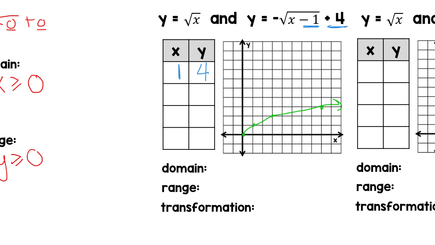Now, there's some fun stuff underneath the radical with x. So let's figure out what's supposed to be underneath the radical, what our perfect squares are. I've got x minus 1 equals 1. We're going to solve for that. X minus 1 is 4, and x minus 1 is 9.